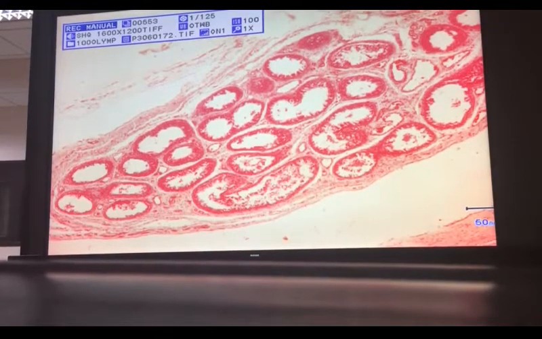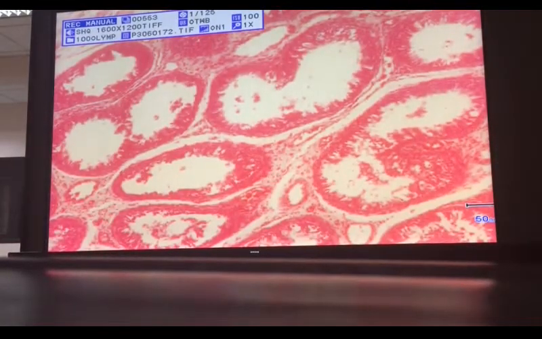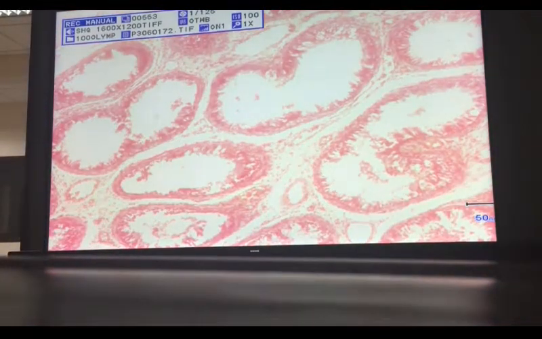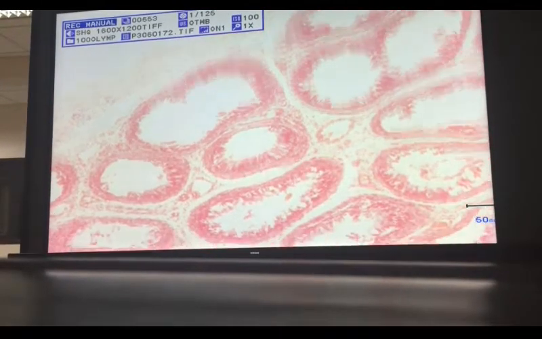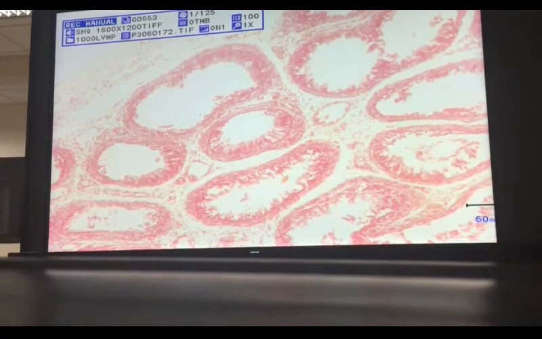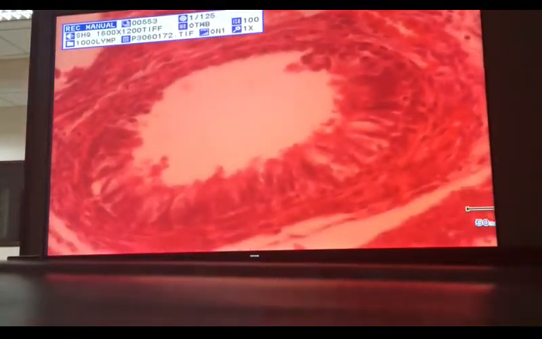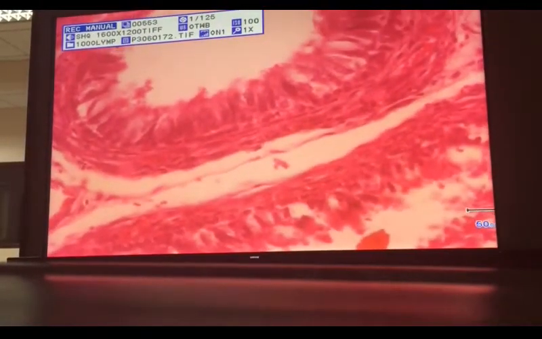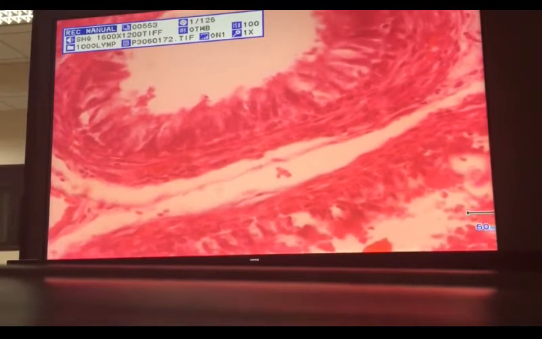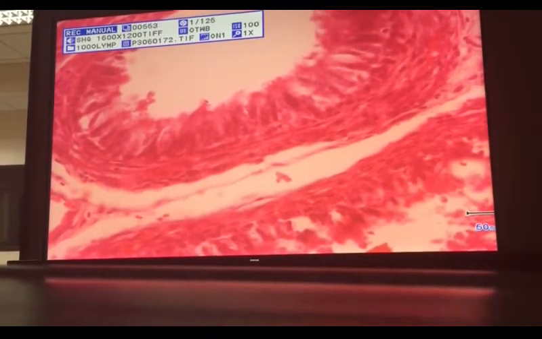That is why we will be able to see cross-sectional views of the segments of the epididymis. Now, the epididymis is lined by what type of epithelium? Pseudostratified columnar. And then how do you call those structures projecting from the surface of epithelial cells?